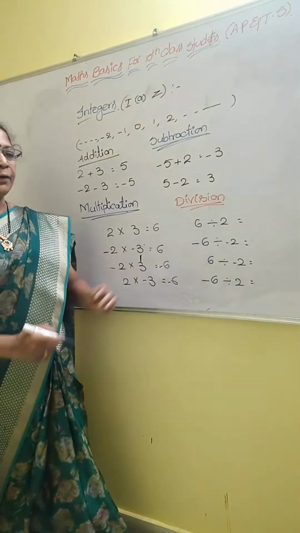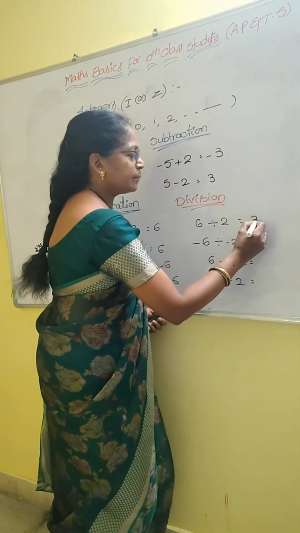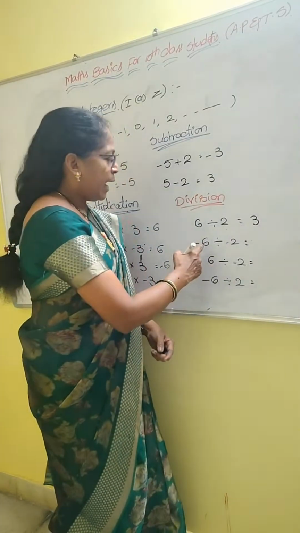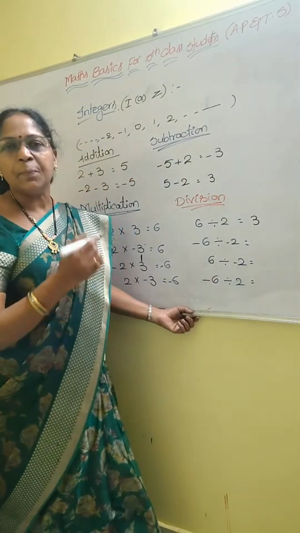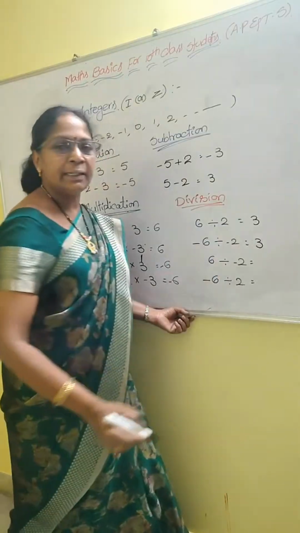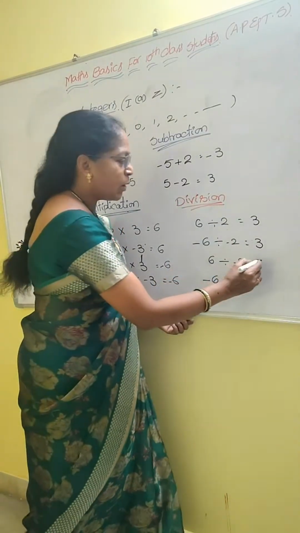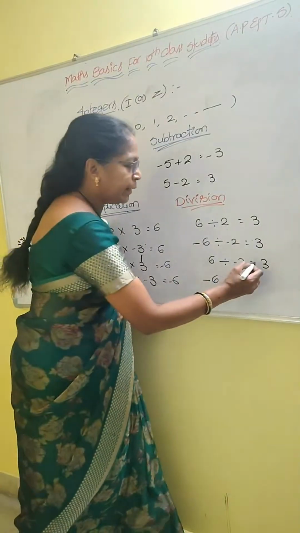6 divided by 2, that equal to 6 by 2 equal to how much will you get? 3. As well as here also minus divided by minus, you can simply cancel the symbols. Again 6 by 2 equal to 3. Again here 6 by 2 also you will get 3, but here 1 minus is there, so you will get minus.